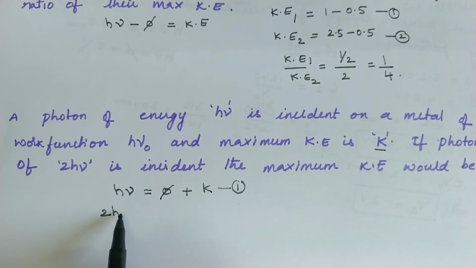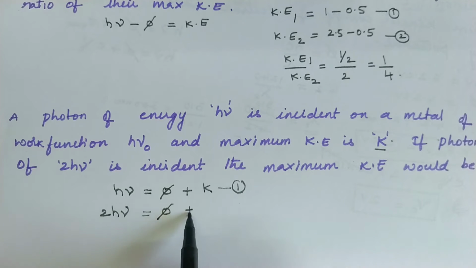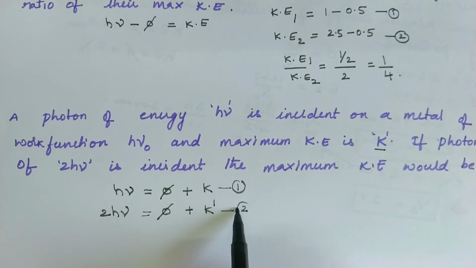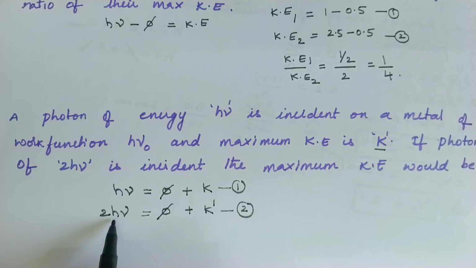Now you have made it double. 2 h nu is equal to work function phi plus the new kinetic energy, which I will call K dash. Call this equation 2. So we will eliminate the value of h nu from the second equation.